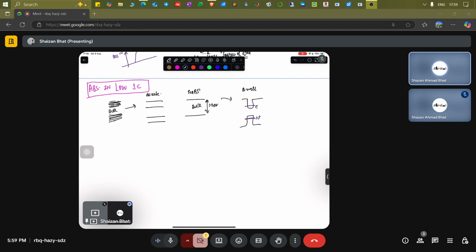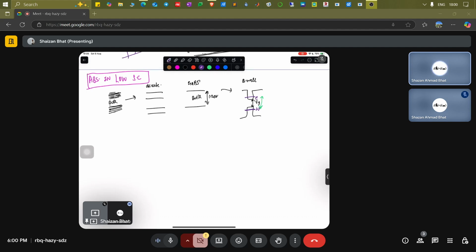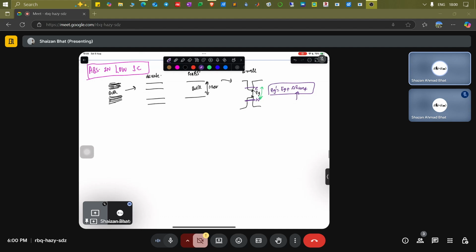As a result, what's going to happen? This is the intrinsic band gap, but there will be this actual gap present, which is the difference between the first level of electrons and the first level for the holes. That means the overall band gap, Eg dash, will be equivalent to Eg plus delta E confinement. And this delta E confinement comes up because of the confinement of the electrons.